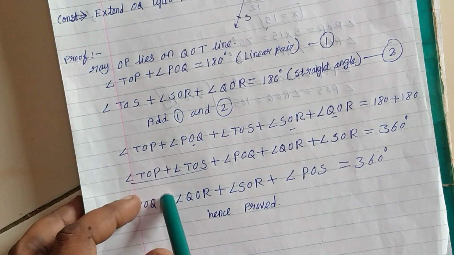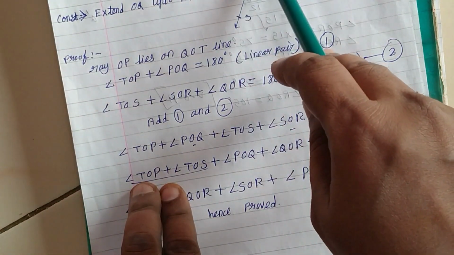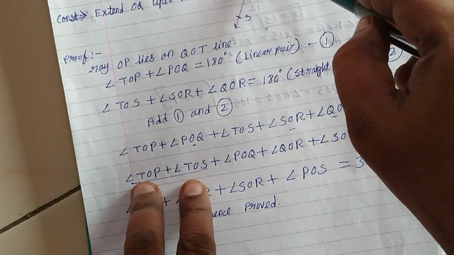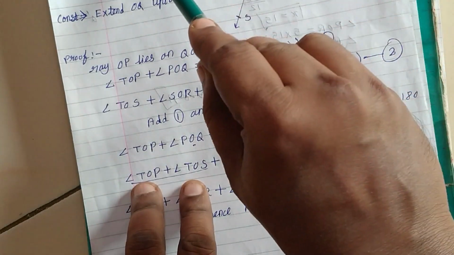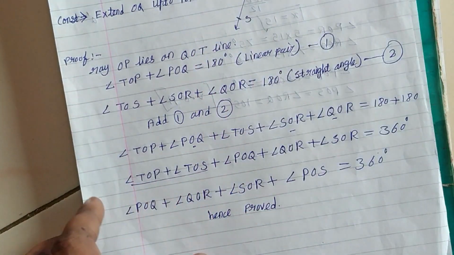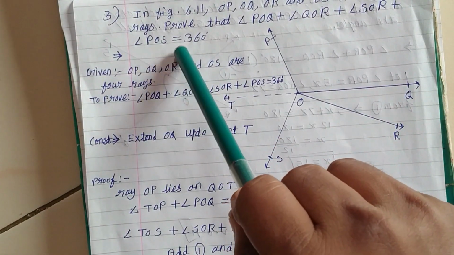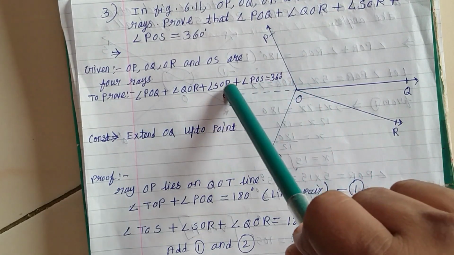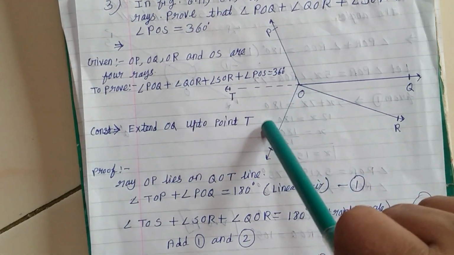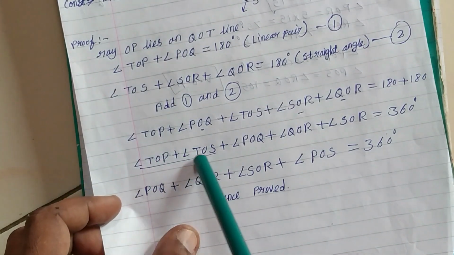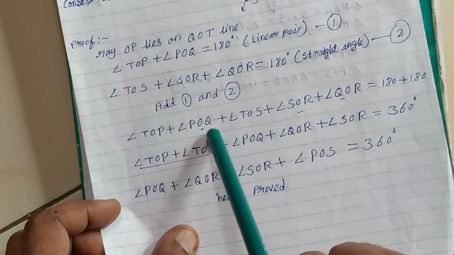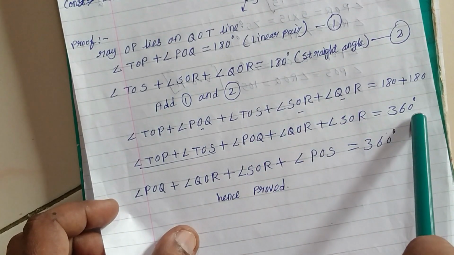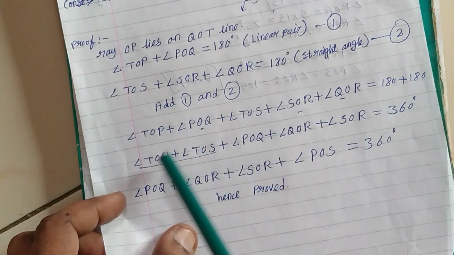Angle TOP and angle TOS I have taken together, because then I will get POS, which we want in the statement to prove. That is why I am taking POT and TOS. So I will add them. I have taken the rest of the angles, POQ, then QOR, then SOR, as they are, equal to 180 plus 180, 360.